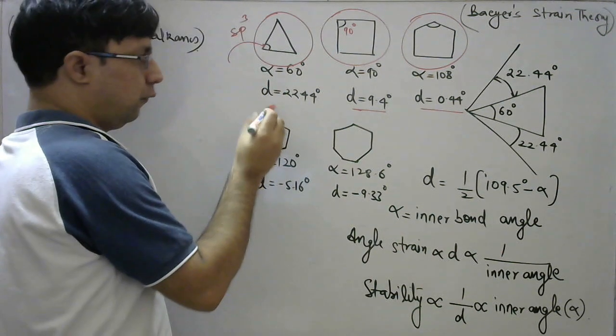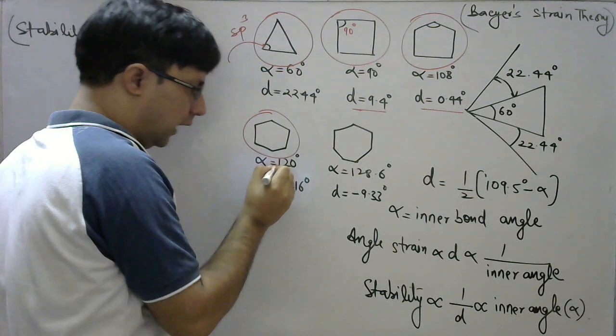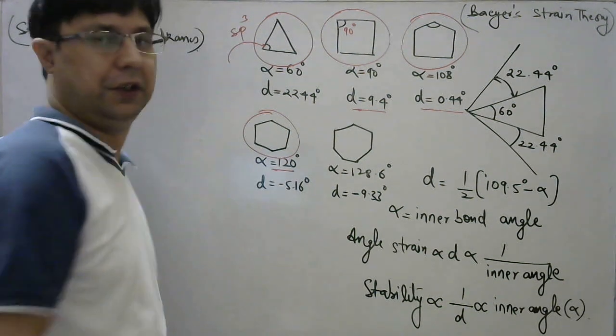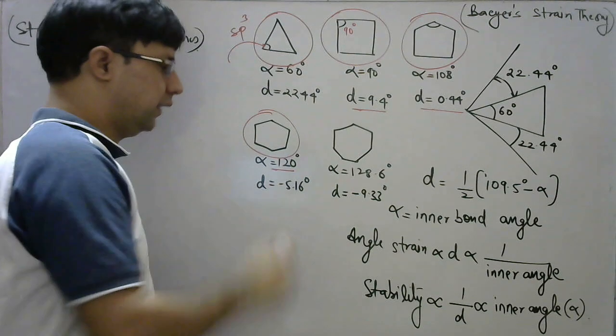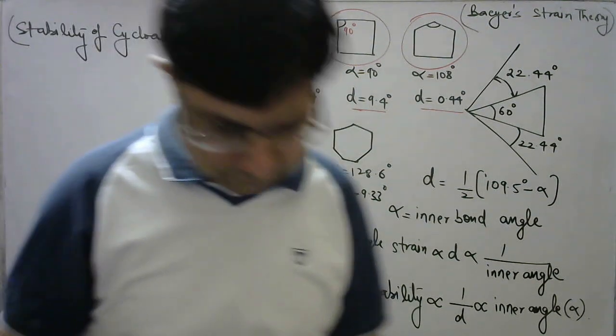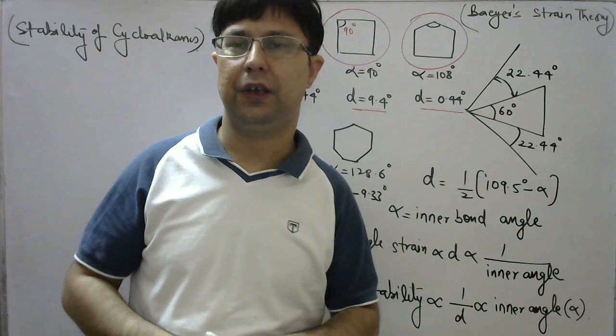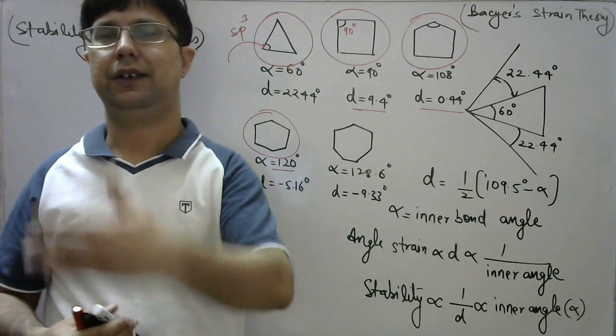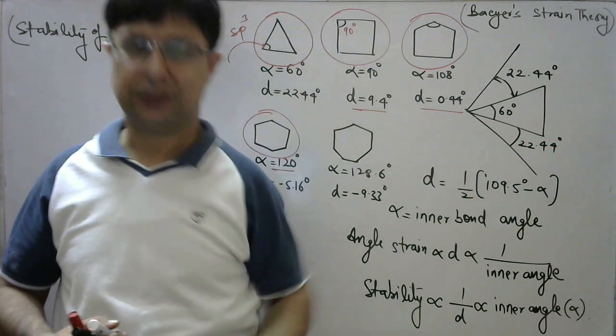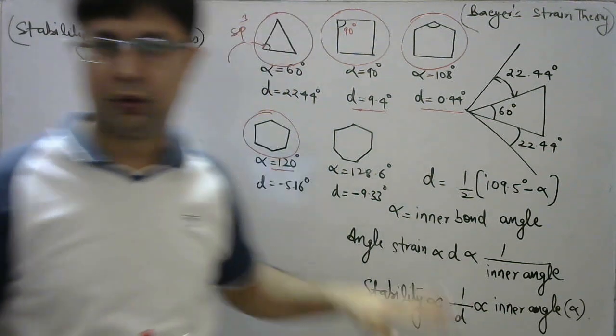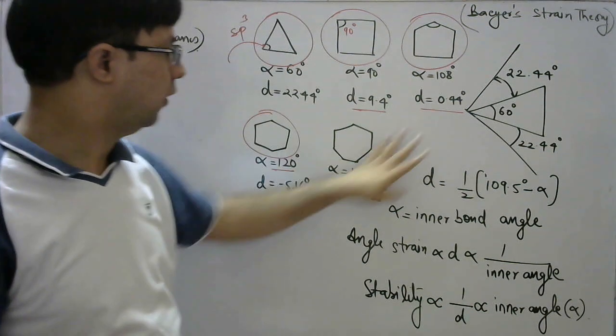And in cyclohexane, this angle exceeds 109 degrees 28 minutes, and the deviation is minus 5.16 degrees. The negative sign just indicates whether the actual inner angle is greater or less than 109 degrees.